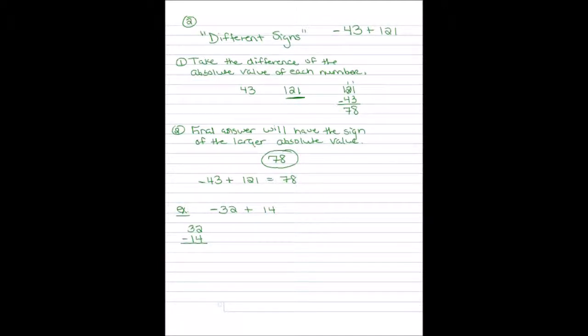And I'm going to find the difference between these two numbers. And I got 18. So I put the number 18 here. Now I need to take the sign of the higher absolute value. Which number is bigger, the 32 or the 14? The 32 is the bigger absolute value, and the sign of 32 is negative. So my final answer is going to be negative.